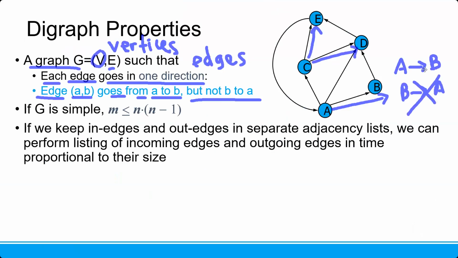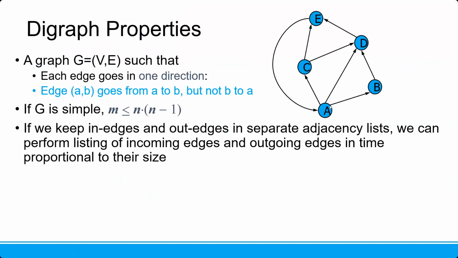Okay, so if G is simple, simple means you have only one edge from one node to another. Here is one simple example.